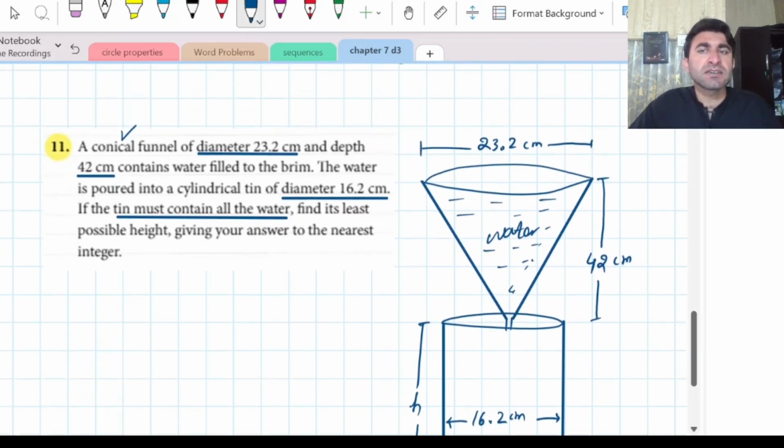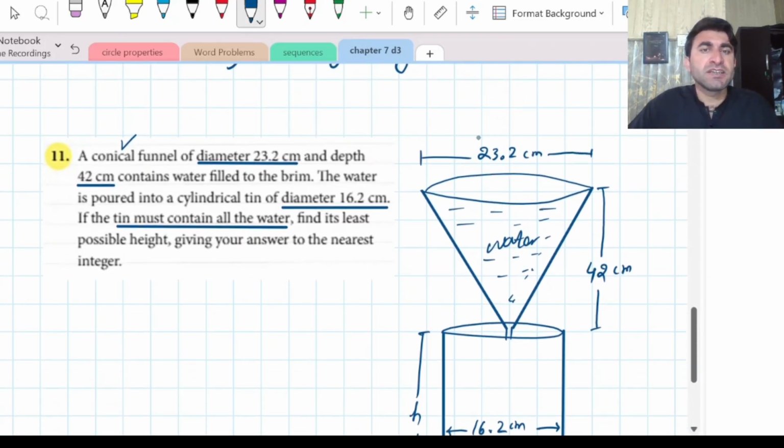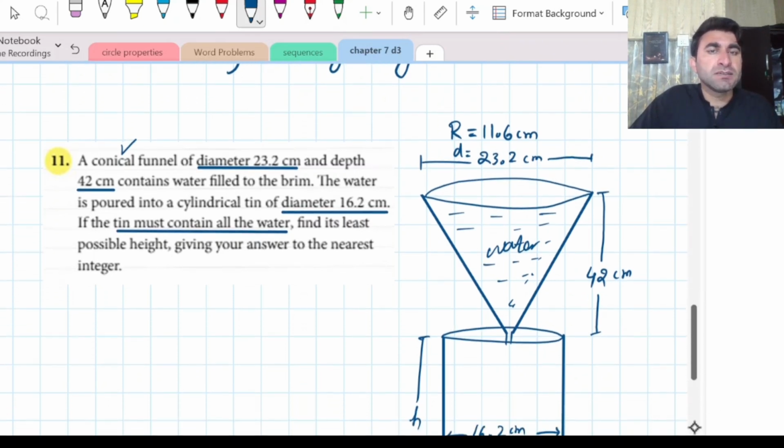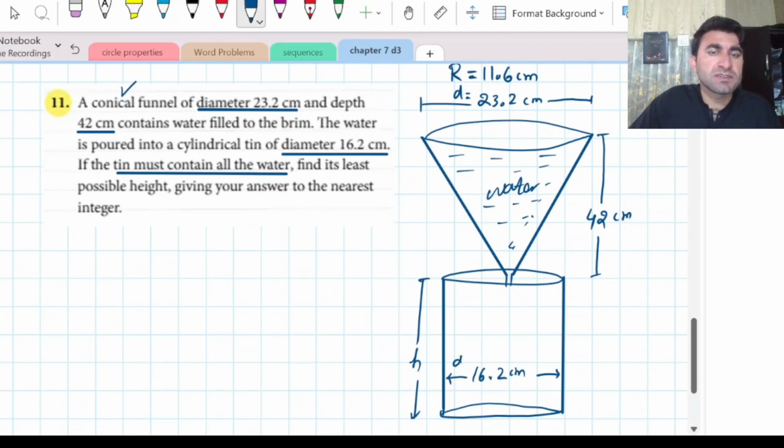Now as we are given the two diameters, the radius of the funnel will be half of that. I am representing it with the capital R because this is the greater one. The other radius will be the smaller one. So it is 11.6 centimeters, that is the radius of the conical funnel, and the radius of the cylindrical tin will be half of its diameter, 8.1 centimeters.